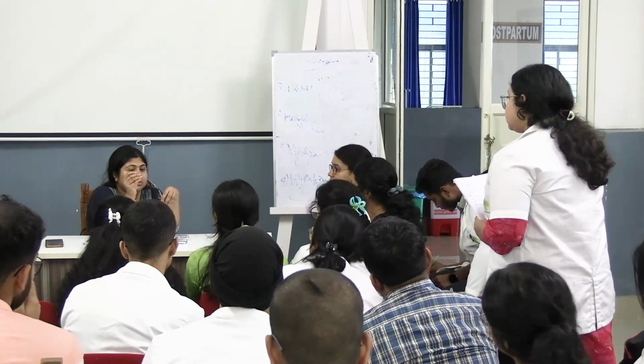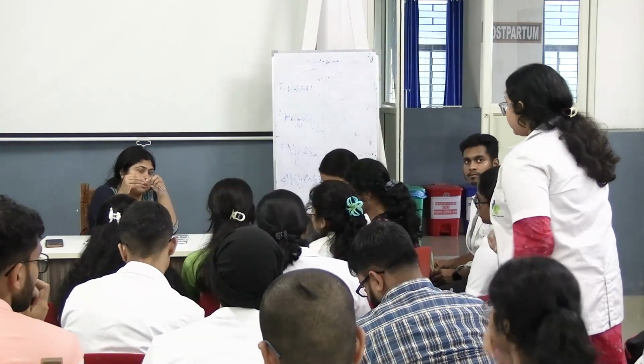Then what will you do? The next person will tell me. And then, examination under anesthesia, what all things you will assess? You will assess the size of the uterus, whether it is corresponding with the period of gestation or not.